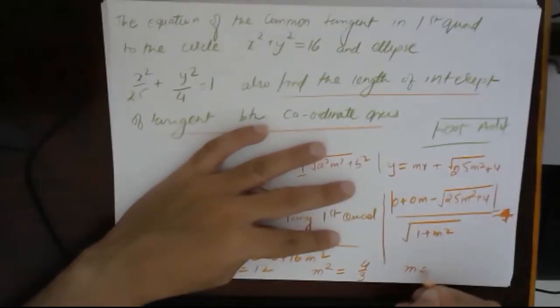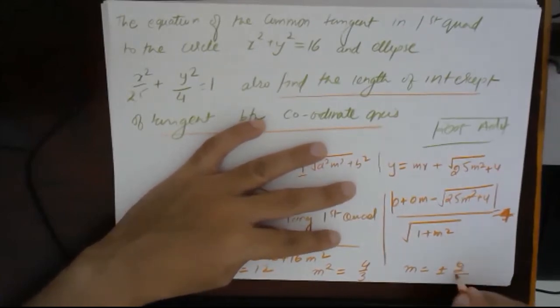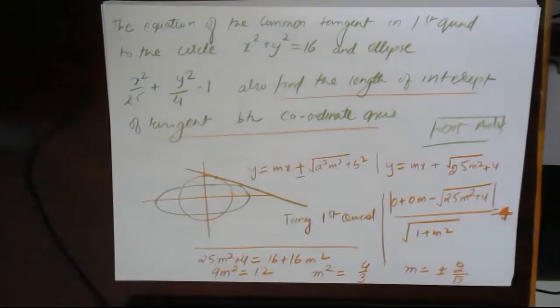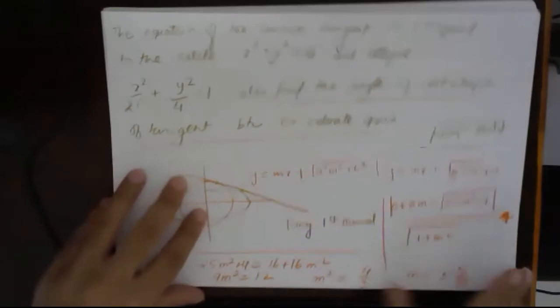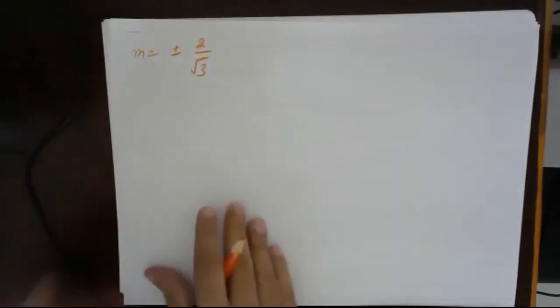So m is nothing but plus minus 2 by root 3. Okay, so basically what I got is m is equal to plus minus 2 upon root 3. Now they are asking in the first quadrant.